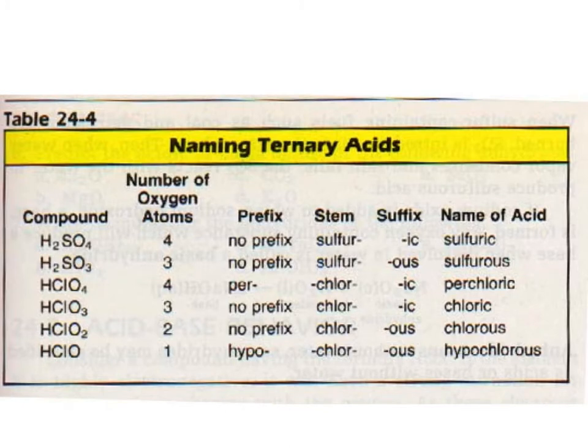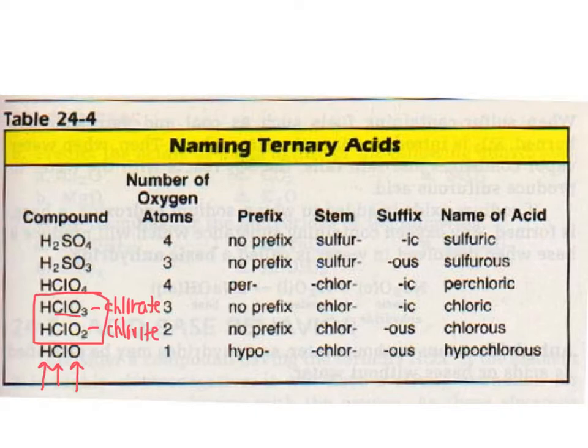If we look at this chart of oxyacids or ternary acids, we're going to focus in on these 2 examples. Now I see that there is a hydrogen, a nonmetal, and a certain number of oxygens. In the first example, I can recognize that ClO3 is chlorate and ClO2 is chlorite.